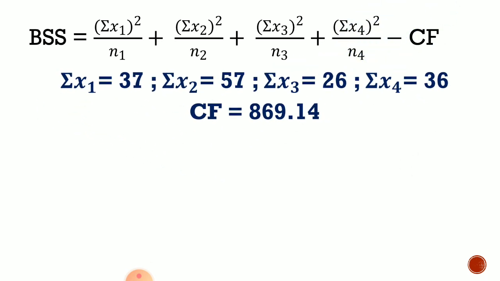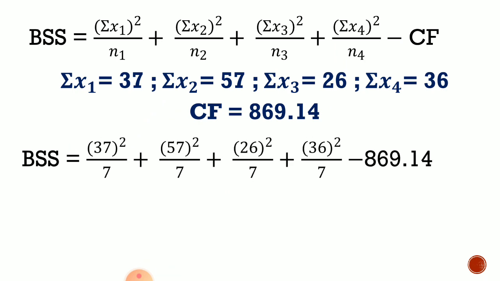So for the summation of x sub 1, that is 37, summation of x sub 2 is 57, summation of x sub 3 is 26, summation of x sub 4 is 36, and the correction factor is equal to 869.14.